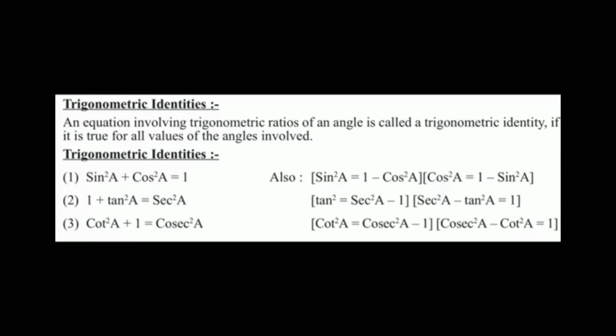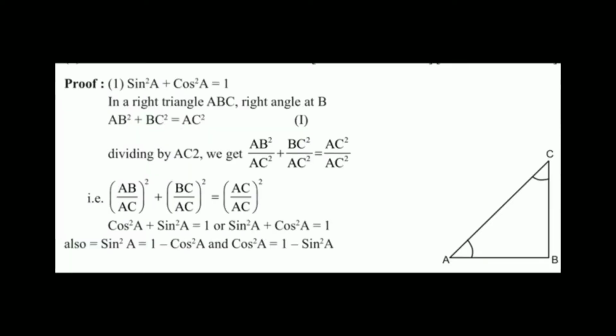And similarly from the third one, we get cot square A is equal to cosec square A minus 1 and cosec square A minus cot square A is equal to 1. So let us learn how to get these trigonometric identities.